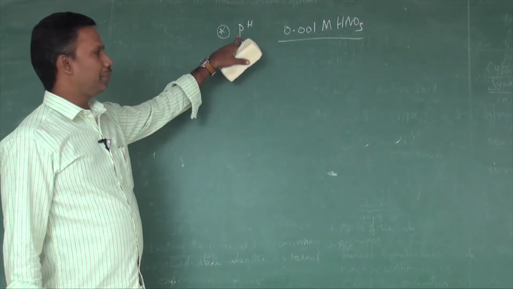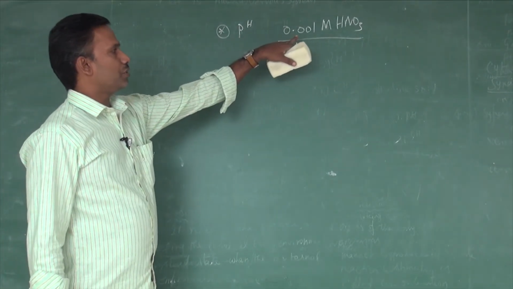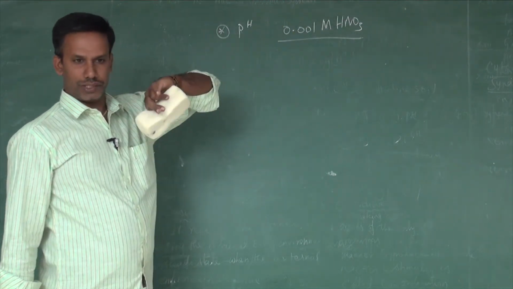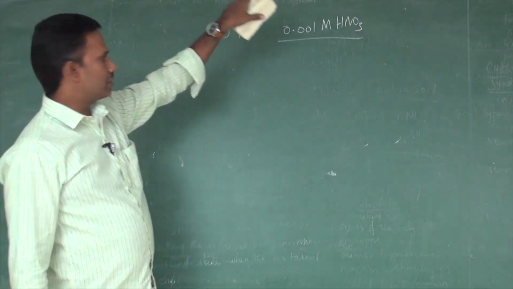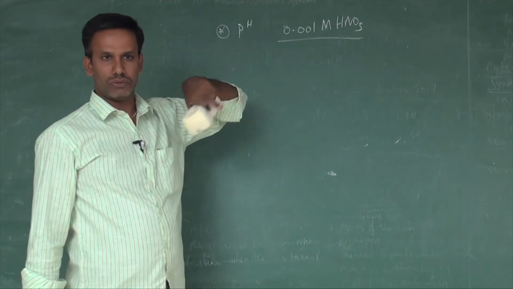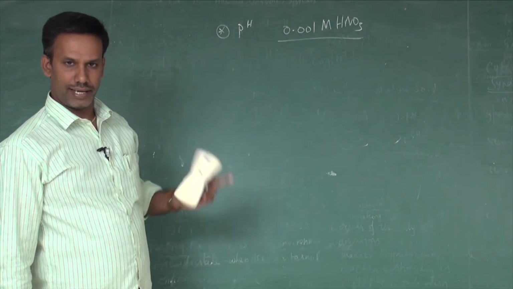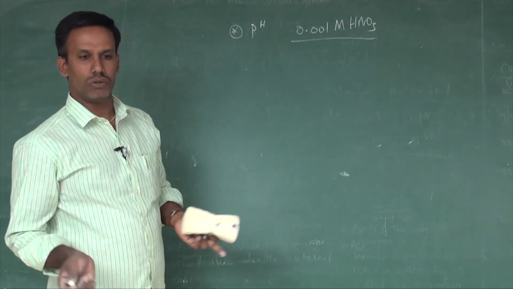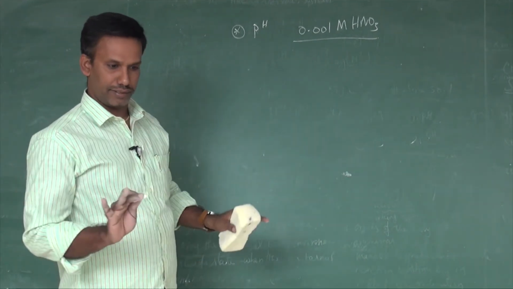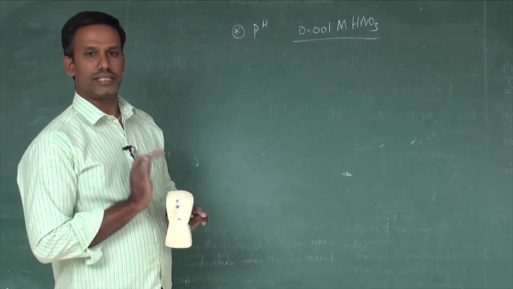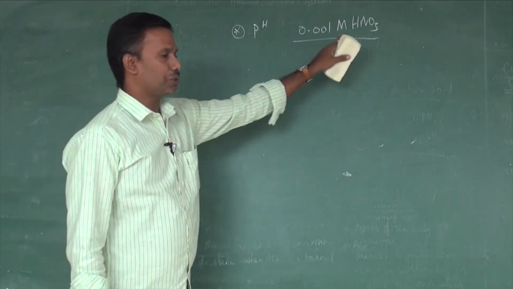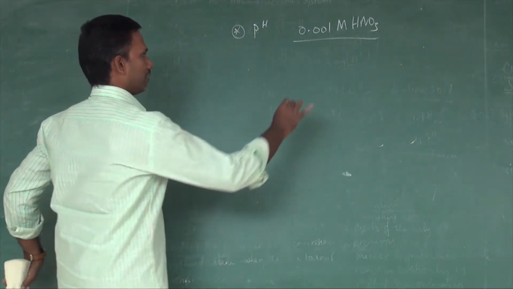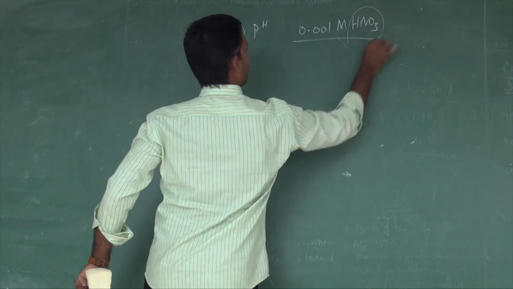Calculate or find the pH of 0.001 M HNO3 solution. First of all, what is the substance you have to go through? Whether it is an acid or a base. They will not directly give the H plus ion concentration or OH minus ion concentration. They will give a substance, that is HNO3. So first find the substance, HNO3.